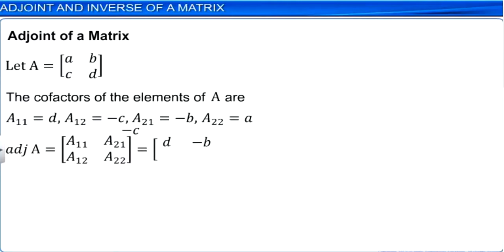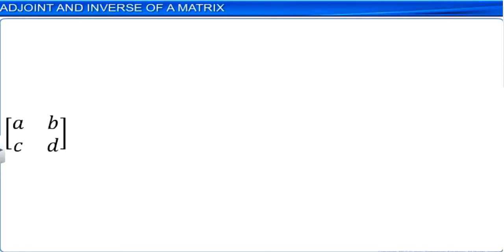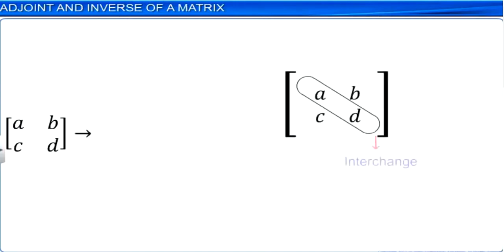So, the adjoint matrix has D and minus B in the first row and minus C and A in the second row. The adjoint of a 2x2 square matrix can be obtained by interchanging A and D and by changing the signs of B and C.